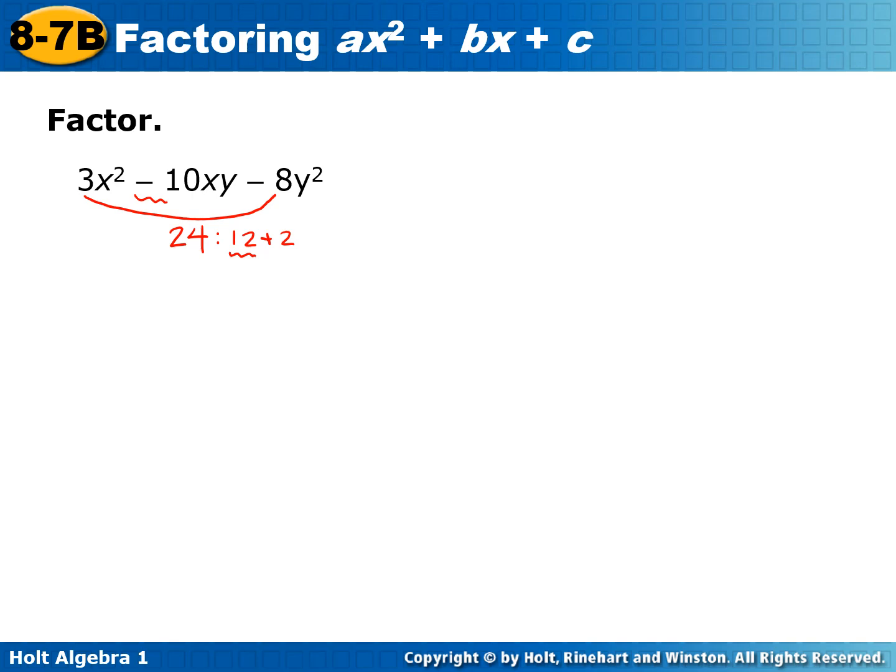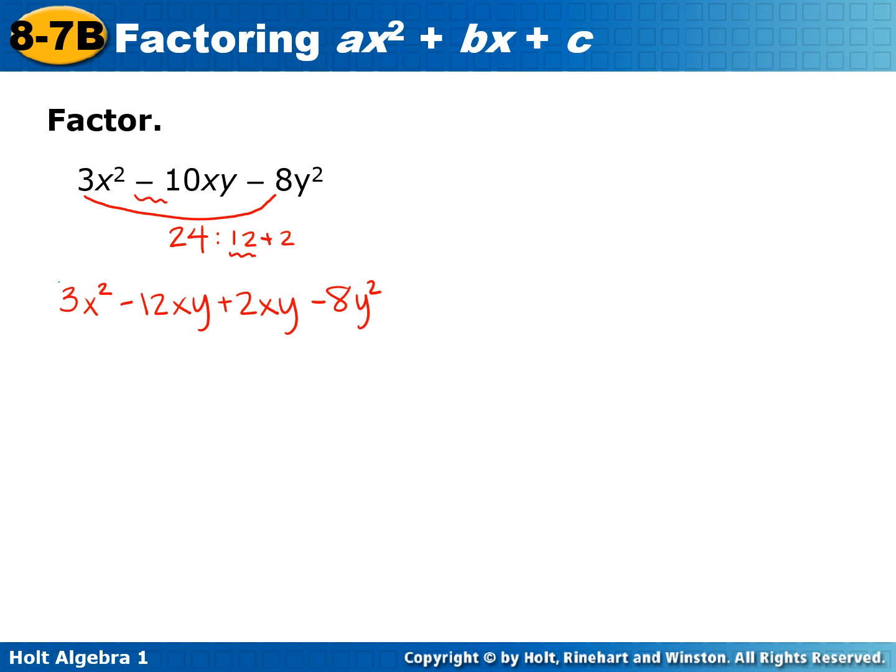All right, so I'm going to rewrite 3x squared, and instead of writing a 10xy, I'm going to write it as a 12xy and a 2xy. But the 12 gets the negative. So minus 12xy plus 2xy minus 8y squared. I just undid my like terms.